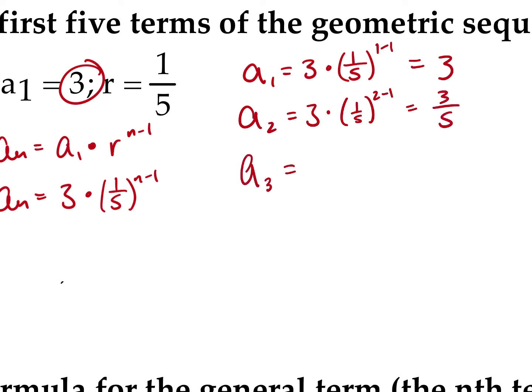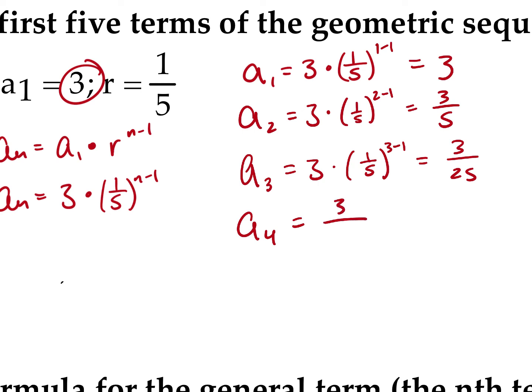A sub 3 would be 3 times 1/5 to the power of 3 minus 1, so 3 over 25. A sub 4 will be 3 over 125, and then a sub 5 would be 3 over 625.